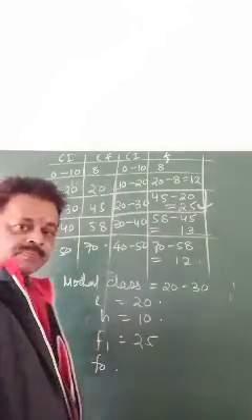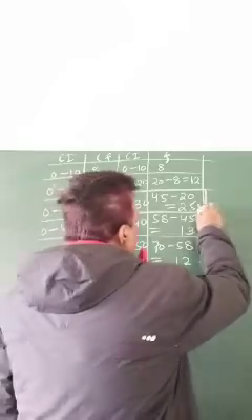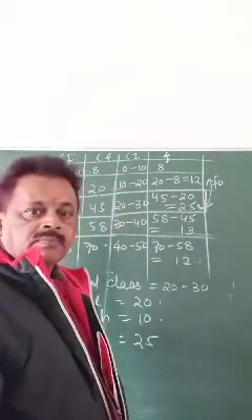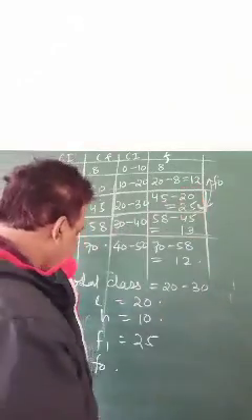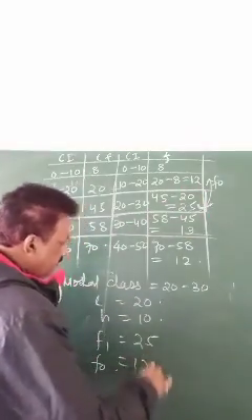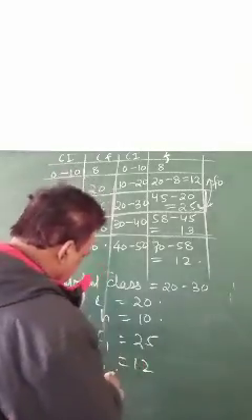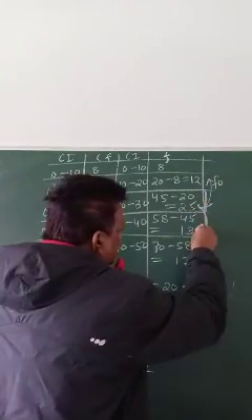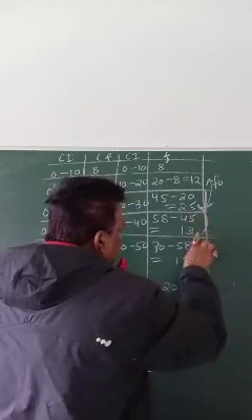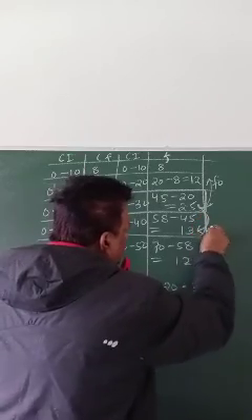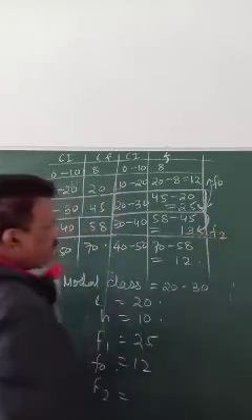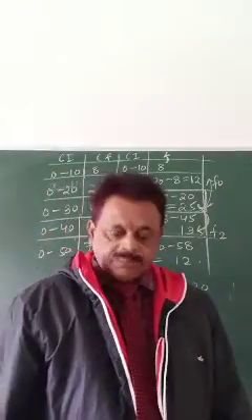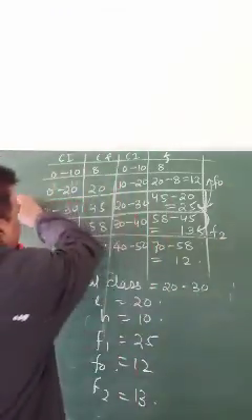F0 is its previous, 12. Then F2 is its next, this one. So F2 is 30. Now put the values. What will you get?